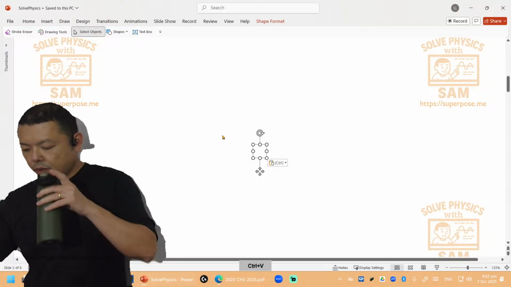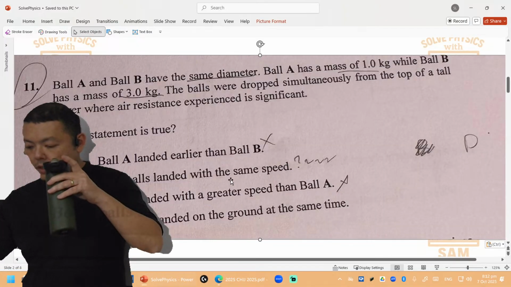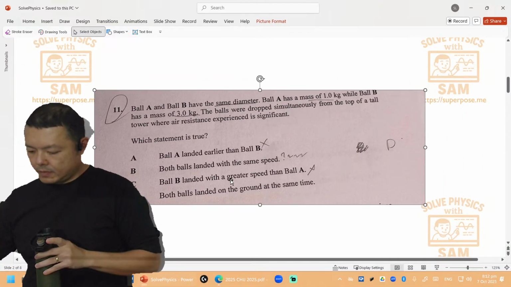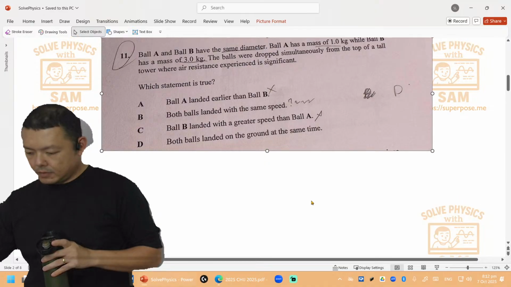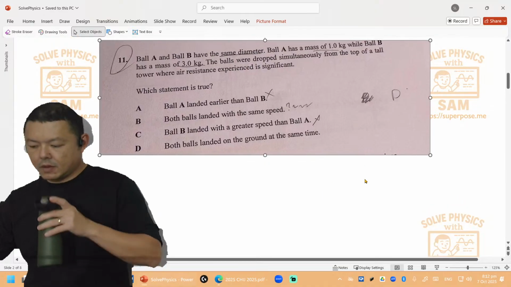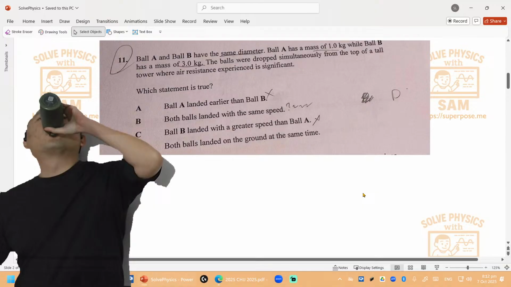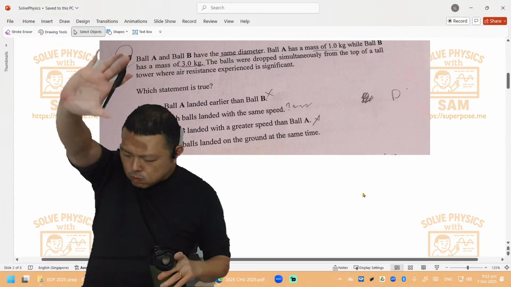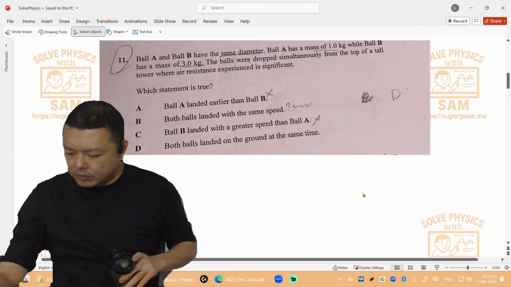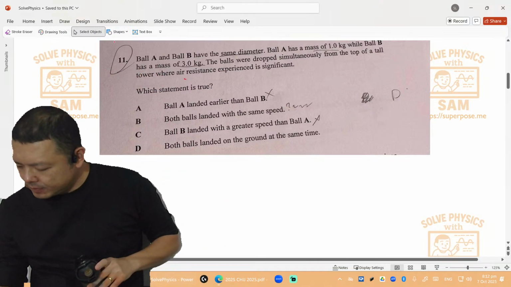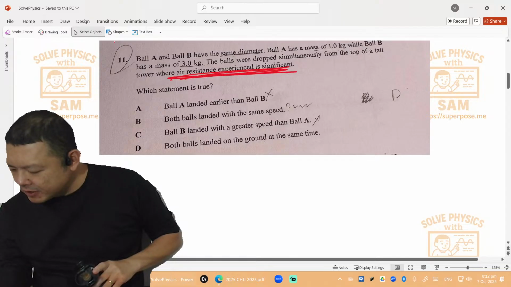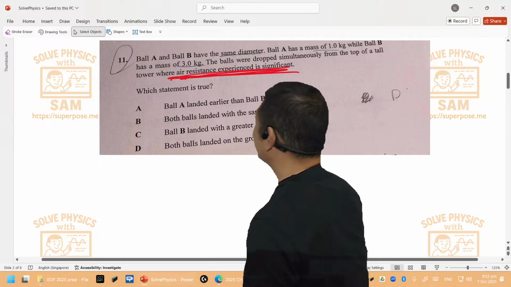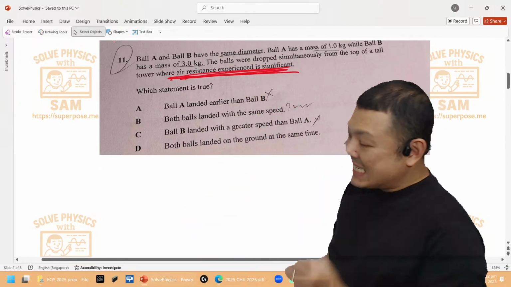All right, so there we go. Of all the things that you didn't underline, see, it's significant.